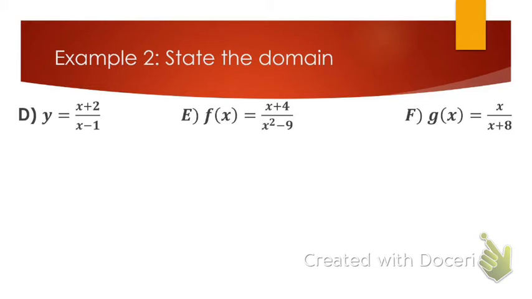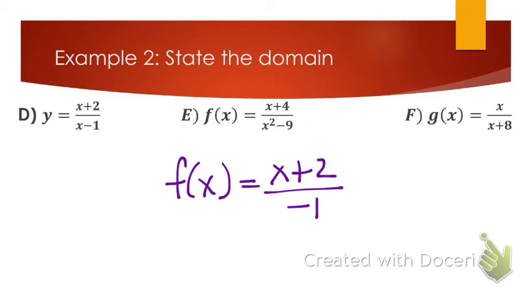Okay, so all 3 of these have red lights. We have 3 fractions, but more specifically, there's an x in the denominator. So again, if it were something like, I'm just making this up, but if it was f of x equals x plus 2 over negative 1, if I take this x out of the equation, then my domain is still all real numbers.